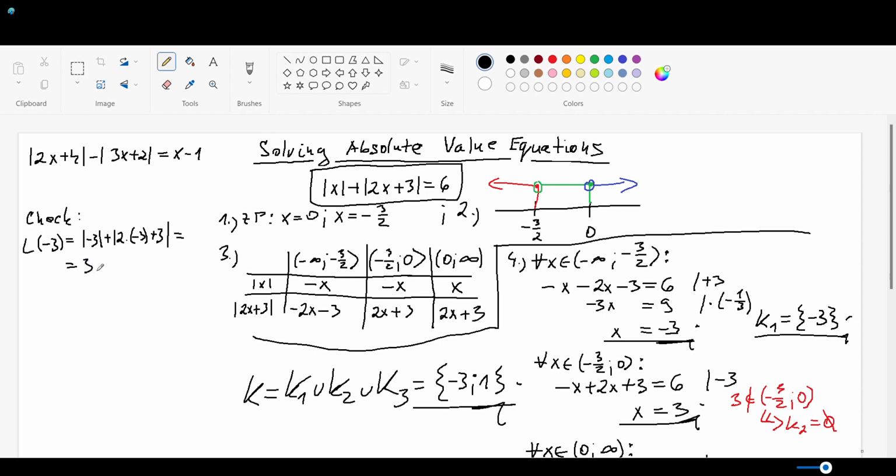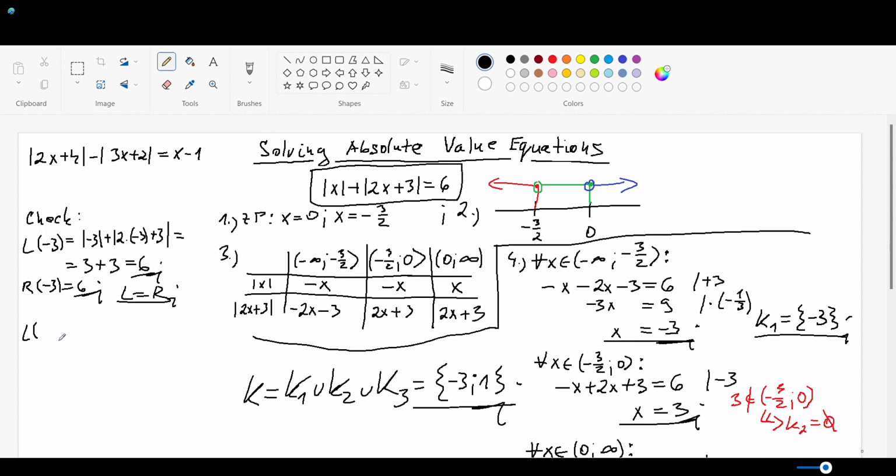It is equal to 3 plus, this is going to be negative 6 plus 3, so it's negative 3, but the absolute value of this is number 3. So we are okay. 3 plus 3 is equal to 6. The right side for negative 3 is equal to 6. Okay, so left side is equal to right side, fine.